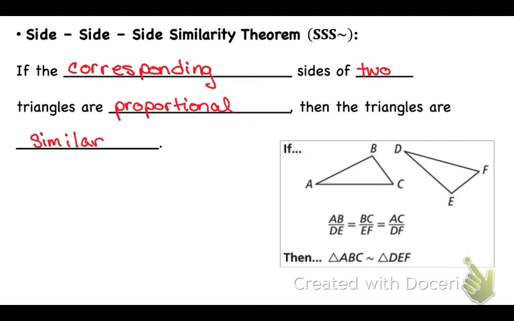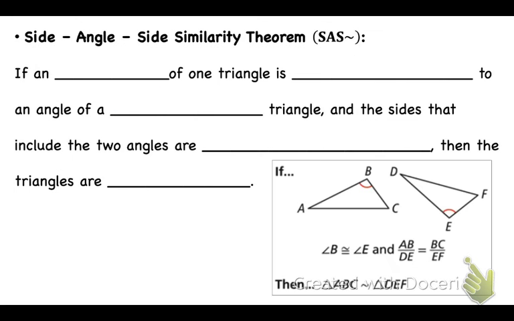Good on that? Okay. We're going to do all of these, but I might as well go through the rules, right? The last one is what? Side angle side. So side angle side. Two sides, and what's that angle? Where's it at? In the middle. Anybody remember what that was called?